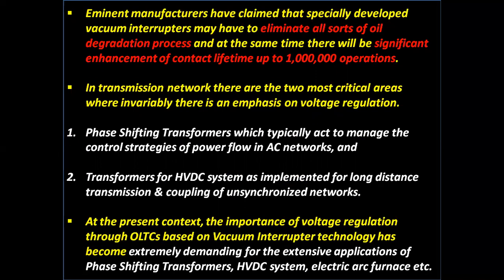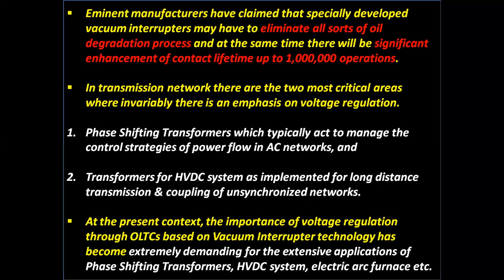In transmission networks, there are two most critical areas where there is invariably an emphasis on voltage regulation: phase shifting transformers, which typically manage the control strategies of power flow in AC networks, and transformers for HVDC systems, as implemented for long distance transmission and coupling of unsynchronized networks.